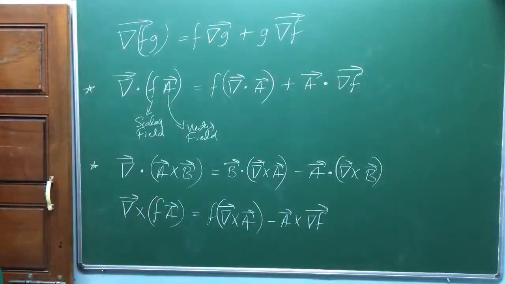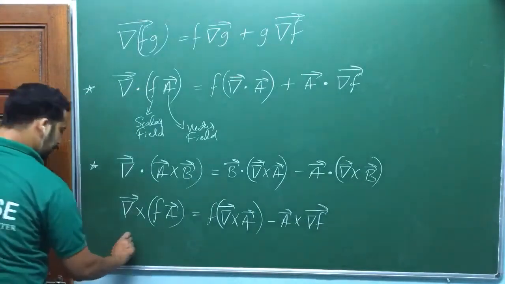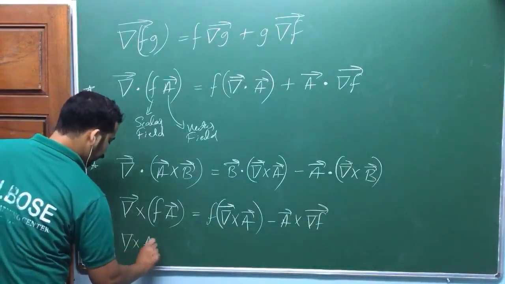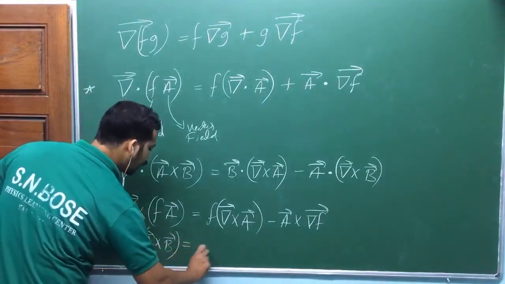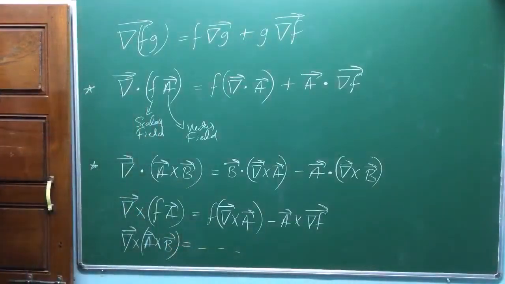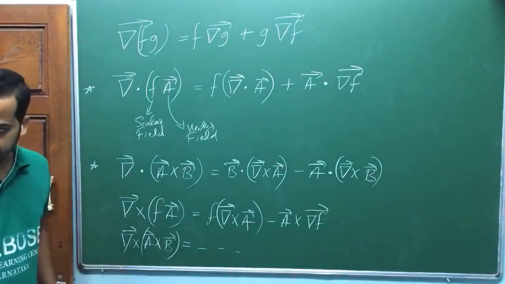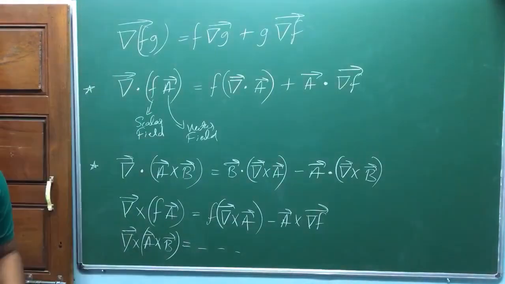Maybe in future we shall see. And there is one more, del cross A cross B, quite difficult to remember. Just note down this one from the book. It's a very huge formula. It contains 1, 2, 3, 4 terms. If we need that one in future, then we shall come back here and take it. Now let me move on to second derivatives.